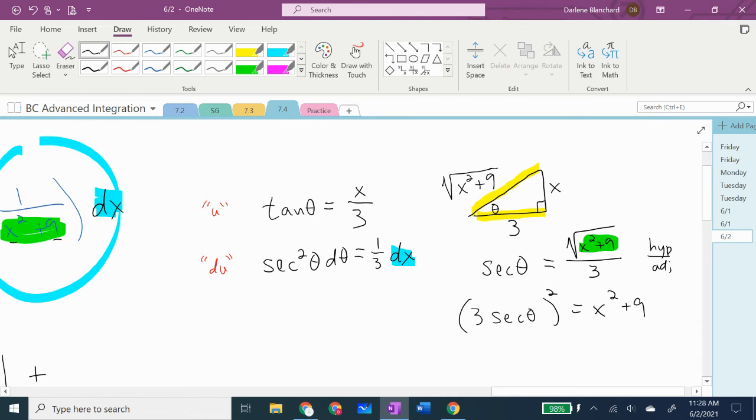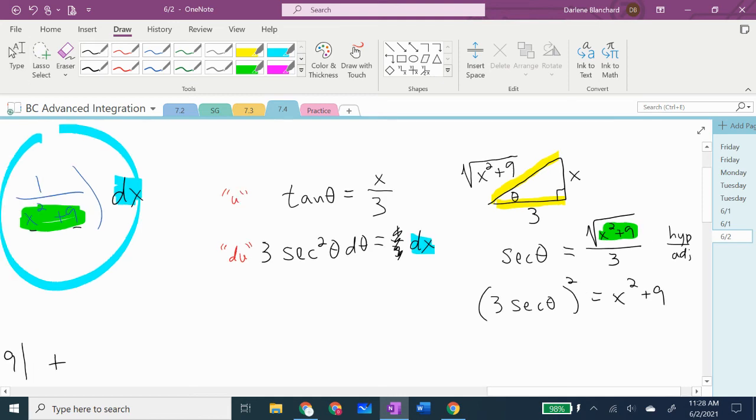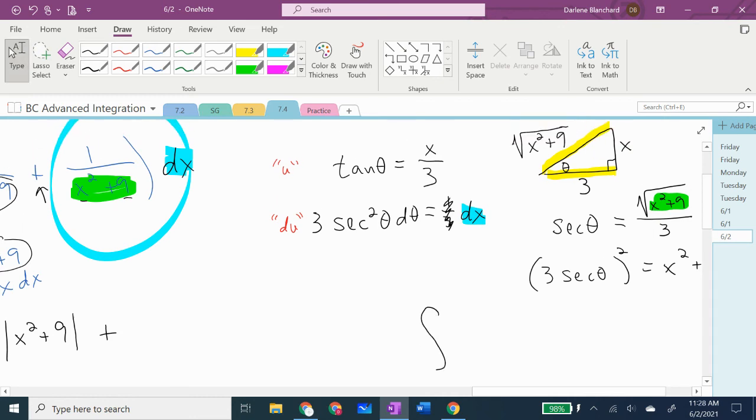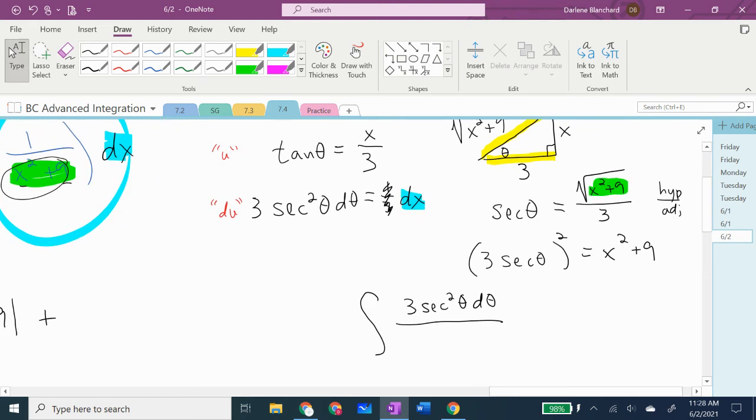My dx is equal to 3 times secant squared theta. So that means I am getting the integral of dx divided by just this x squared plus 9, which is equal to 9 secant squared theta.